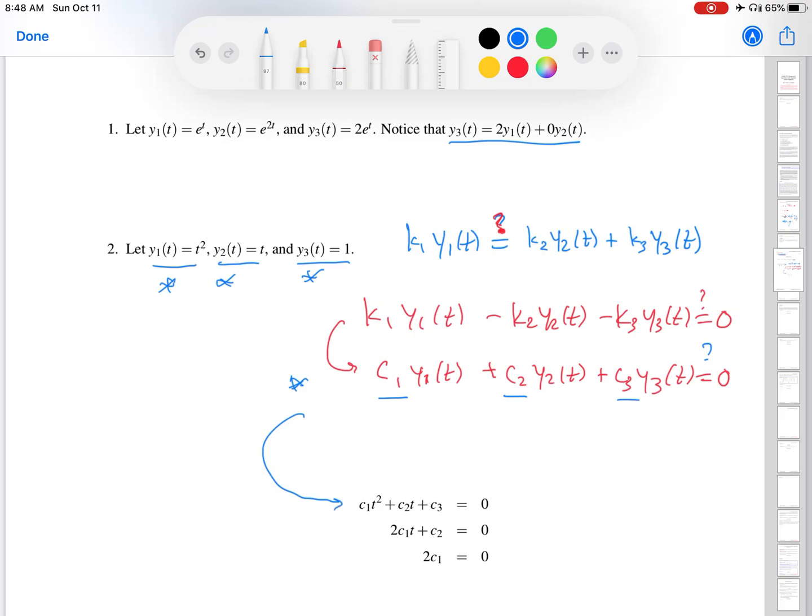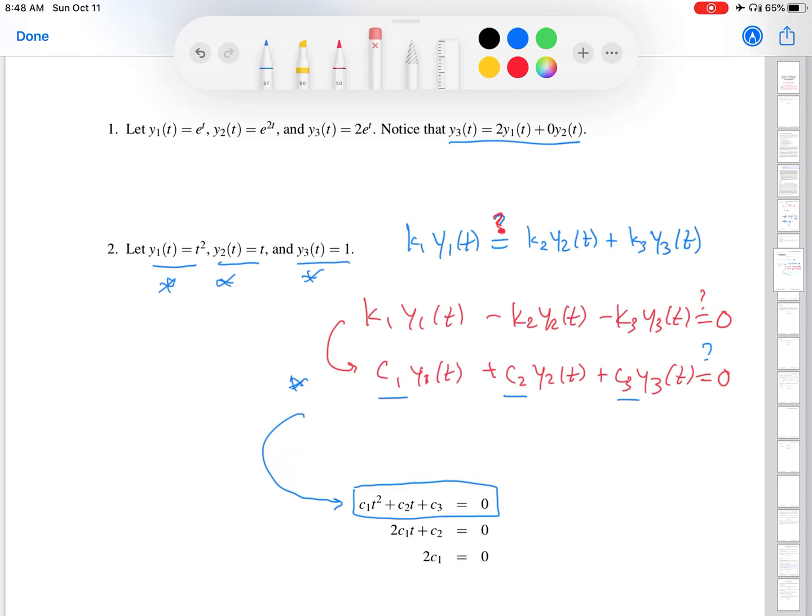So c1 t squared plus c2 t plus c3 equals 0. Now you might be wondering, where do these other two equations come from? And this is the little method that I mentioned earlier I was going to teach you. So this equation has to be true for all t, right? It can't be that for some t it's true, for other t's it's not. We want to find the constants that make this equation true for all t.